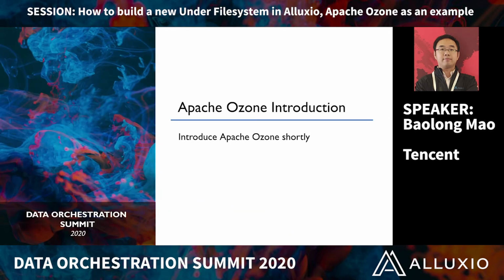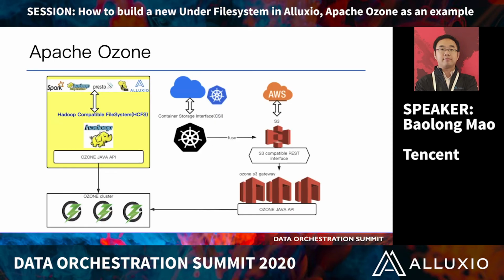Now, let's take a quick look at Apache Ozone. In a word, Ozone aims to become the next generation distributed storage, an approach to a data lake. Many applications can access Ozone through various APIs. Leveraging the Hadoop-compatible file system interface, Ozone can be used for the big data ecosystem.